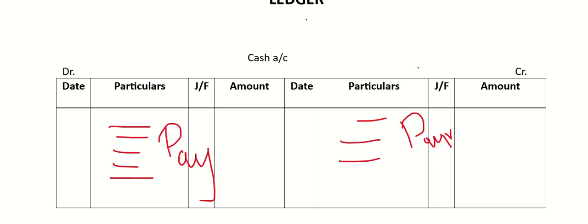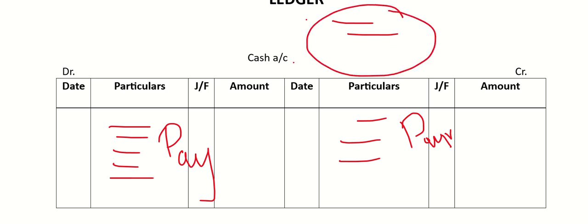Now, suddenly, Raju Bai comes into the business and asks, how many rupees do you have to pay me right now? How much amount is left with us? If we are going to check the journal entries, they can't help us at that moment. But if we have created a Raju Bai account in our ledger, what can we do? Here, we will write all the payments we made to Raju Bai.